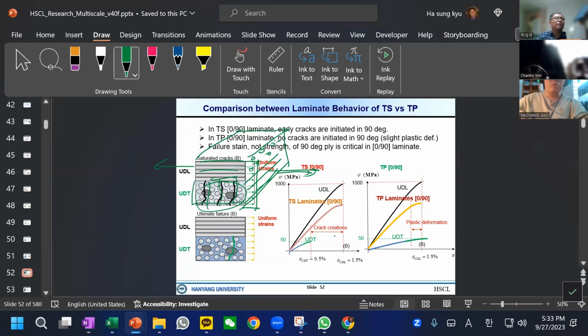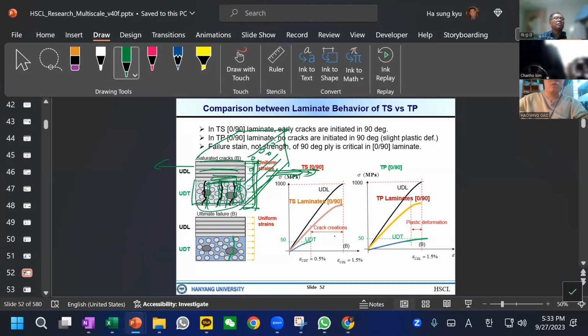Because if this is a thermoset, the failure strain is relatively small. The fiber can extend a lot, but this cannot extend. But in the laminate, they have to deform together. So with 0/90 and extension, you can imagine what will happen to this layer, right? The fibers can separate.